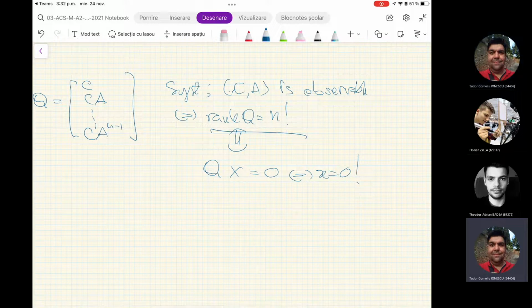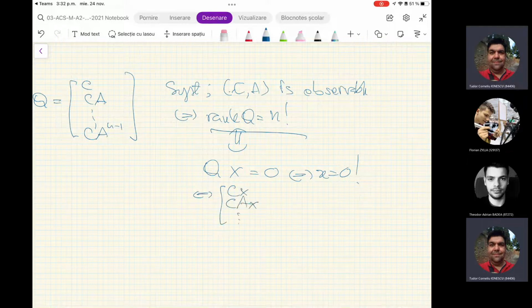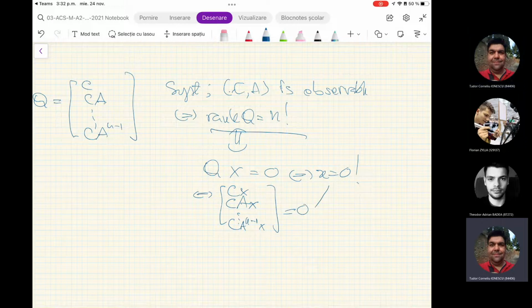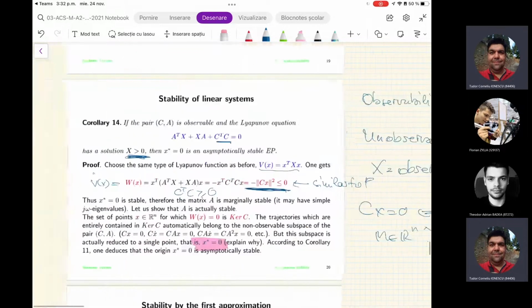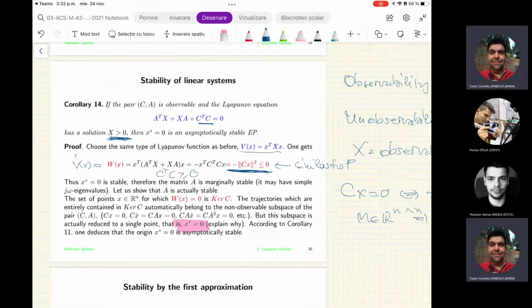Qx is equivalent with Cx, CAx, and so on, up to CA to the power n minus 1 x equal to 0. This is due, thanks to the observability, x star equal to 0 is the only point that makes that. So the kernel is only given by 0.